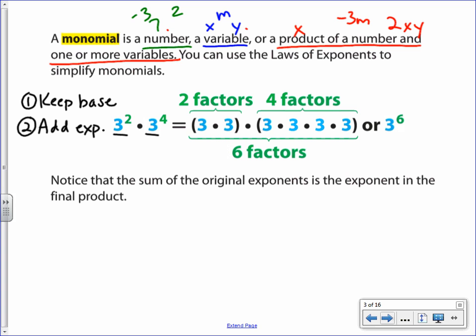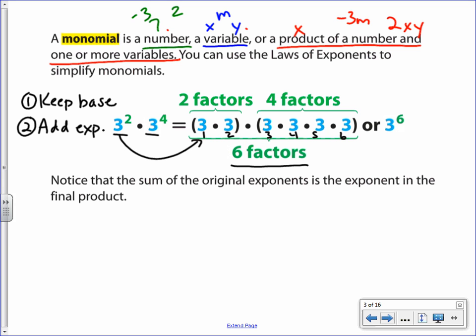This is 3 to the 2nd power times 3 to the 4th power. If I break it down, 3 squared is 3 times 3. Times, if I break it down, 3 to the 4th is 3 times 3 times 3 times 3. So if I count these up, I have 1, 2, 3, 4, 5, and 6 repeated factors. 6 factors.